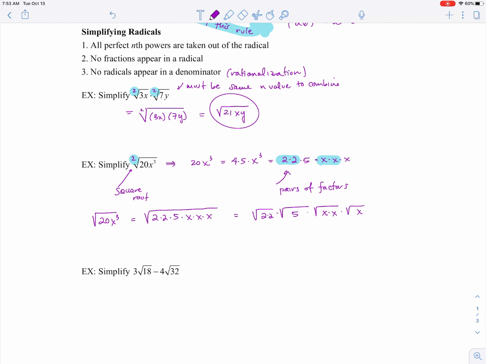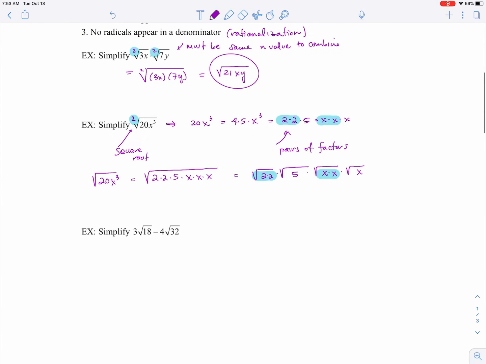And what I'm doing is I'm just breaking this up according to these paired groupings, because what that's going to allow me to do is rewrite that as the square root of 4 times the square root of 5, the square root of x squared, and the square root of x, which will be 2 times the square root of 5. This one I could simplify, and you'll notice that my pair of 2's underneath the square radical became a single 2 outside of the radical, and my pair of x's underneath the radical became a single x power outside of the radical.